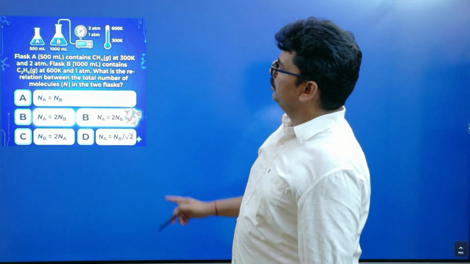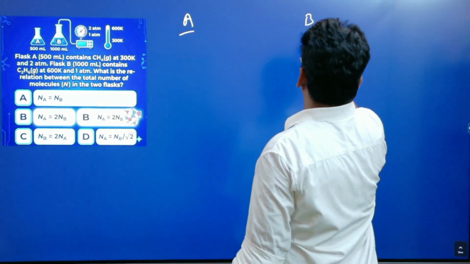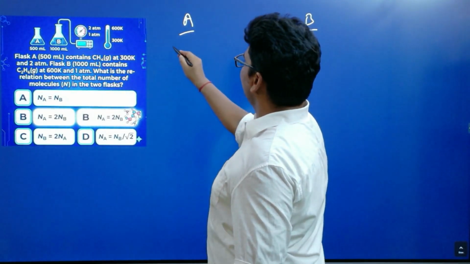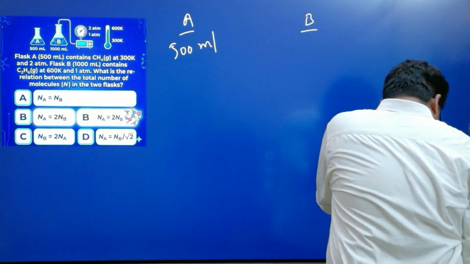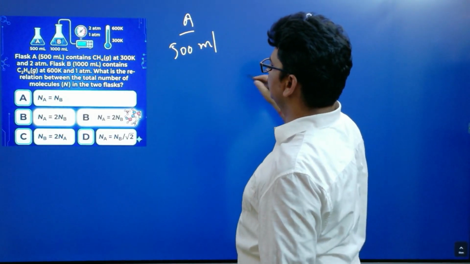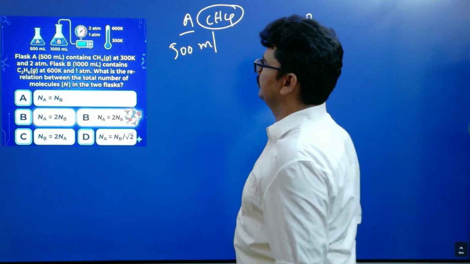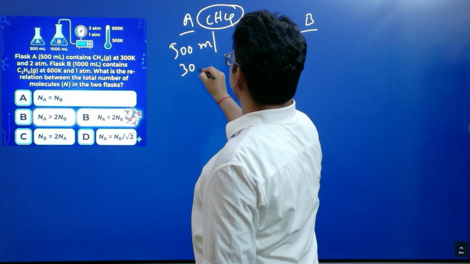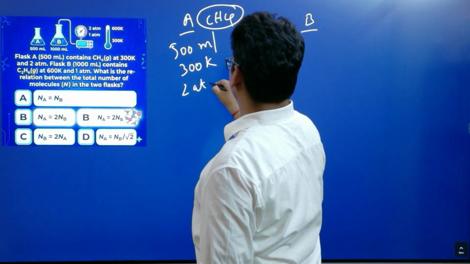So there are two flasks, A and B. Flask A is 500 ml. It contains methane gas. Temperature is 300 kelvins and pressure is 2 atmospheres.